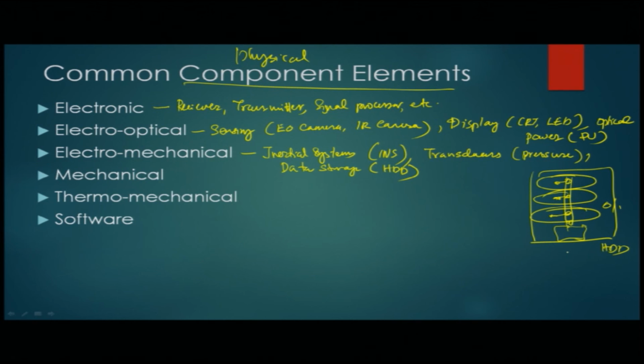Another thing we talk about is the mechanical systems. So what are the mechanical systems? Examples are frameworks, containers, material processing machines or machining systems like lathes, drilling machines, etc. They are all part of it.